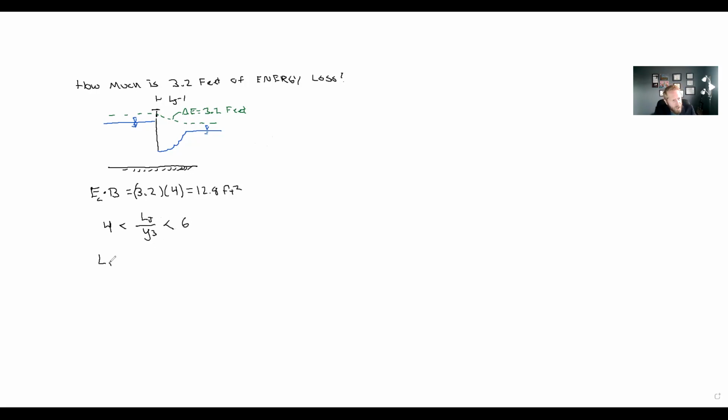So the length of our jump is somewhere between 5.6 feet and 8.4 feet. So let's say that the length of our jump is between these two. Let's say it's 7 feet. We'll just take the average of the smallest and largest it can be. So the length of the jump is 7 feet.